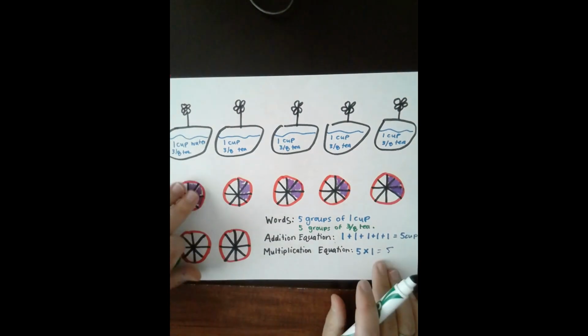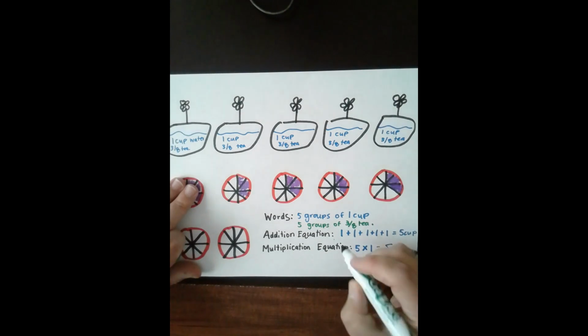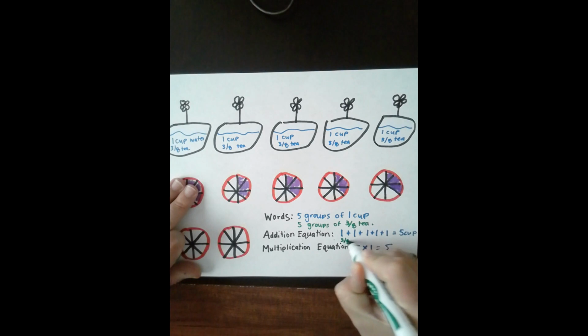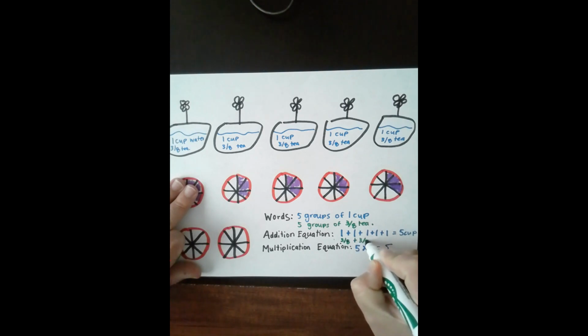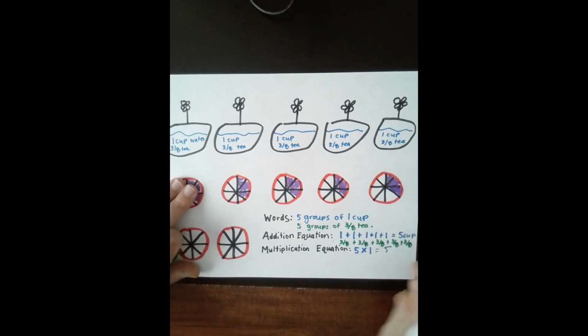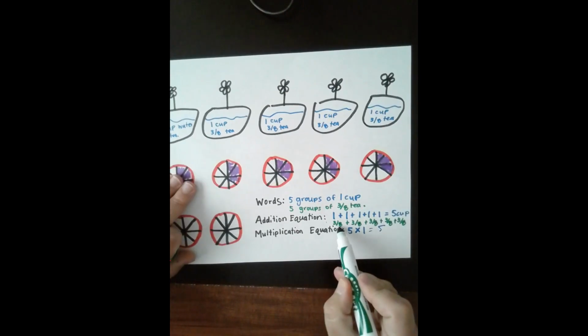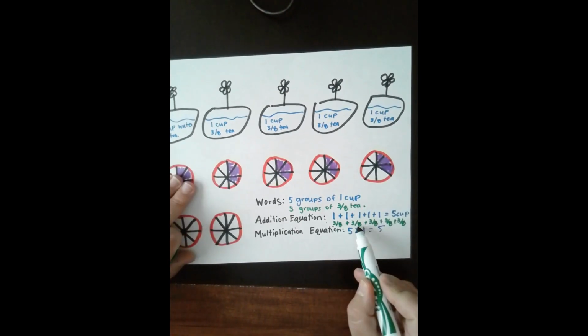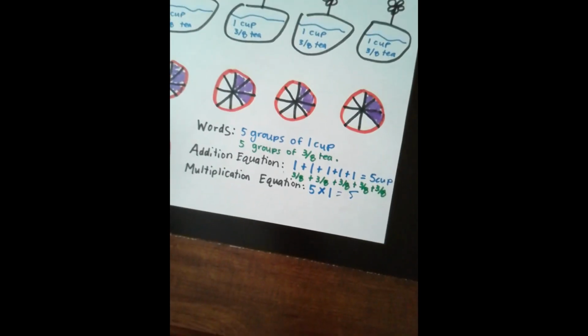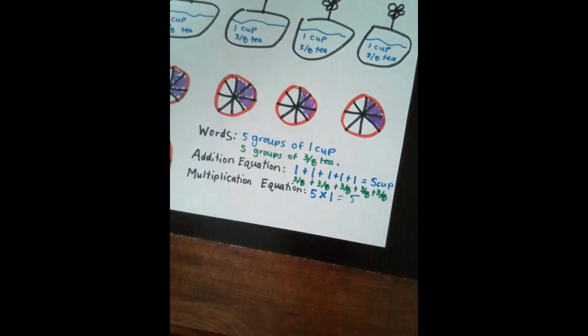So our addition equation, I'm going to squeeze it in down here, is going to be 3/8 plus 3/8 plus 3/8, that's 3 times, plus 3/8, 4 times, plus 3/8, and I'm running out of room. But you get my point. 5 groups of 3/8, so 3/8 plus 3/8 plus 3/8 plus 3/8 plus 3/8. And I'll zoom in here so you can see that closer. Ooh, I'm a little crooked.